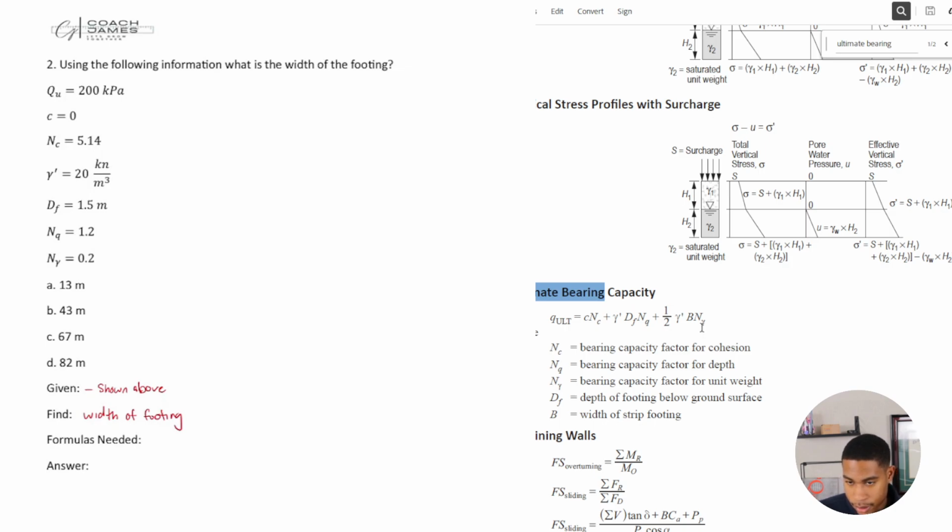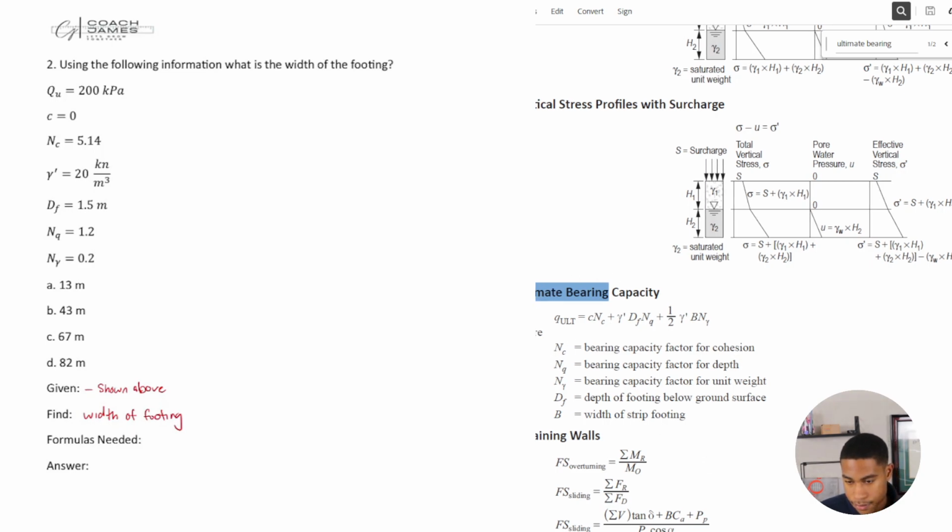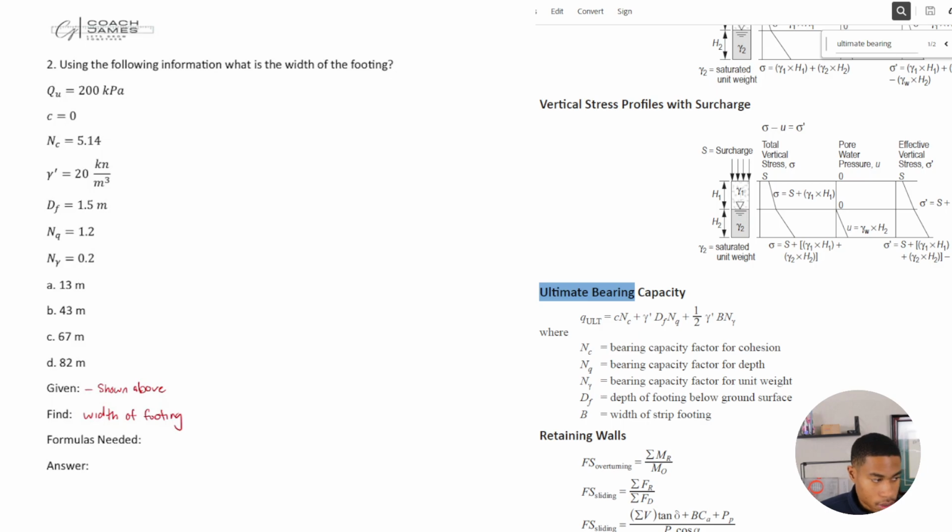Anytime you're dealing with ultimate bearing capacities, footings, this is going to be your go-to equation. Okay, so the formula we need is Q ult is equal to, just put this, B is equal to question mark. So we don't know what B is.